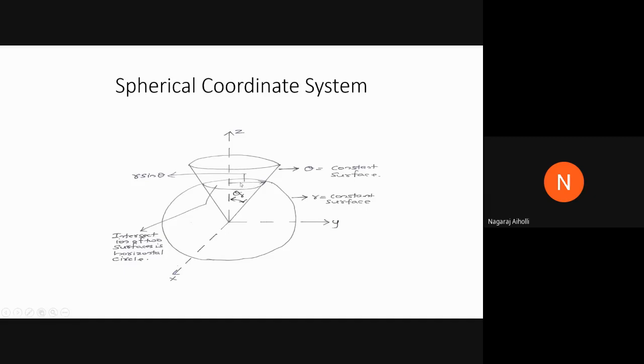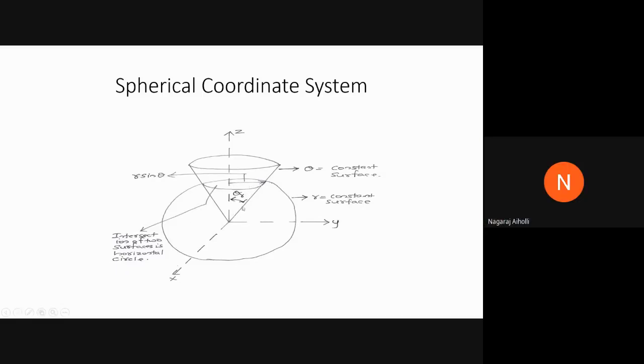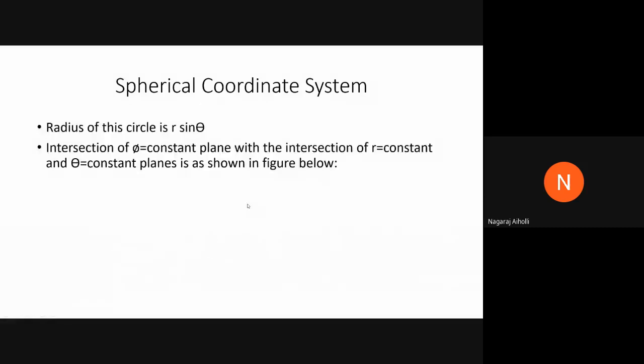The radius of the sphere is the same, r only. But what is the radius of the circle formed due to the intersection of the cone and the spherical surface? That is nothing but r sine theta. Is it not? The radius of the circle is r sine theta.